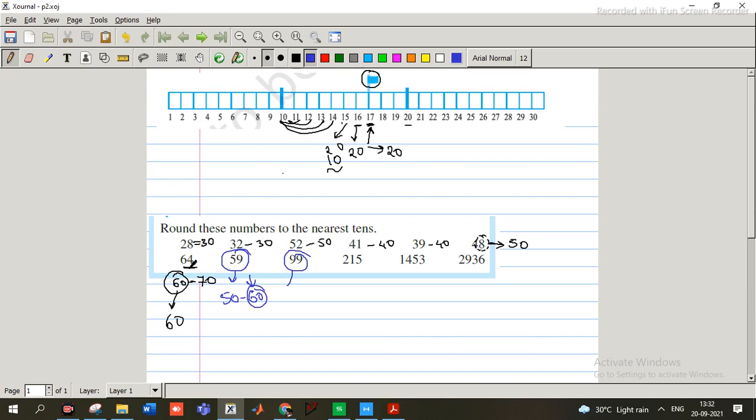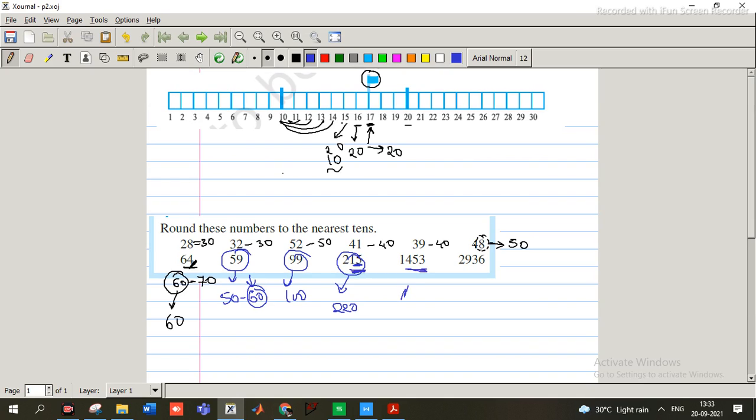If it is 99, the approximation will be 100. If it is 215, the approximation will be 200. Sorry, it is 15, so it will be 20, because we need to approximate by the 10.